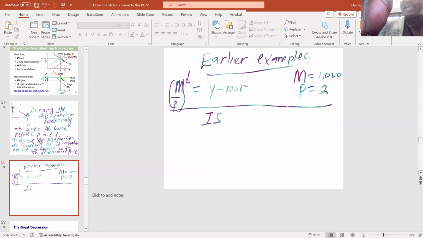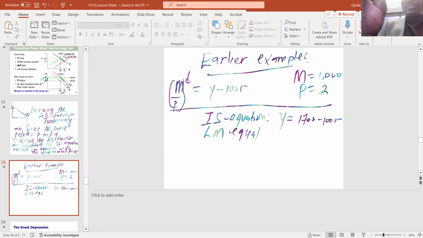Our IS equation, if I remember correctly, was Y equals 1,700 minus 100R. And then the LM equation was Y equals, I believe, 500 plus 100R.